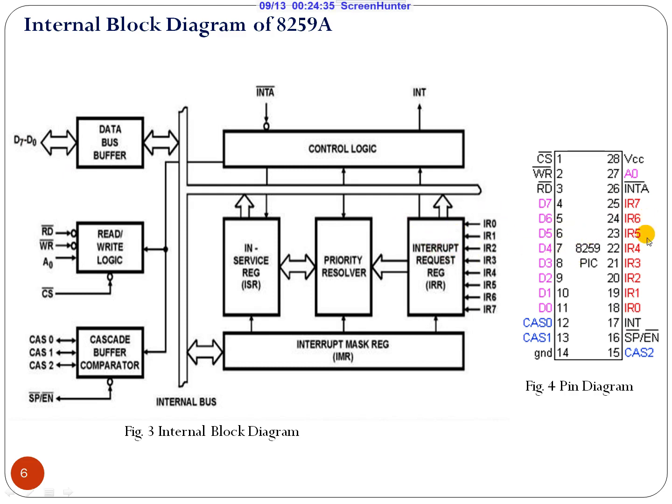The data transfer from the microprocessor to the peripherals, or from the peripherals to the microprocessor, takes place through the data bus, and this data bus is controlled by the priority resolver and the other registers.